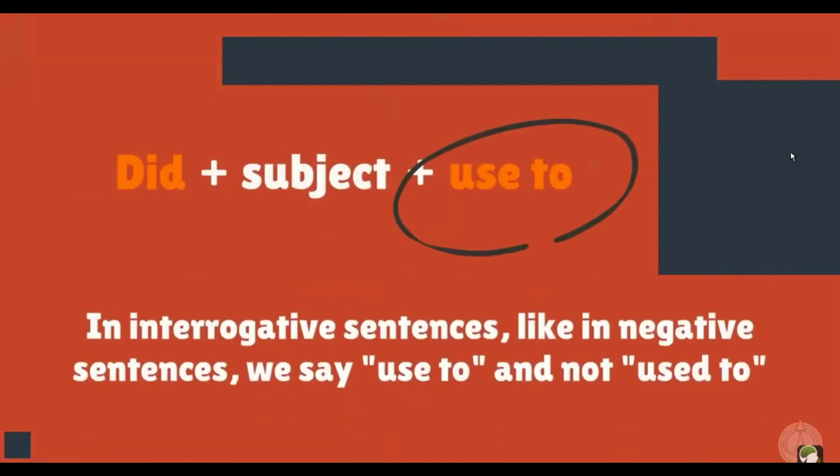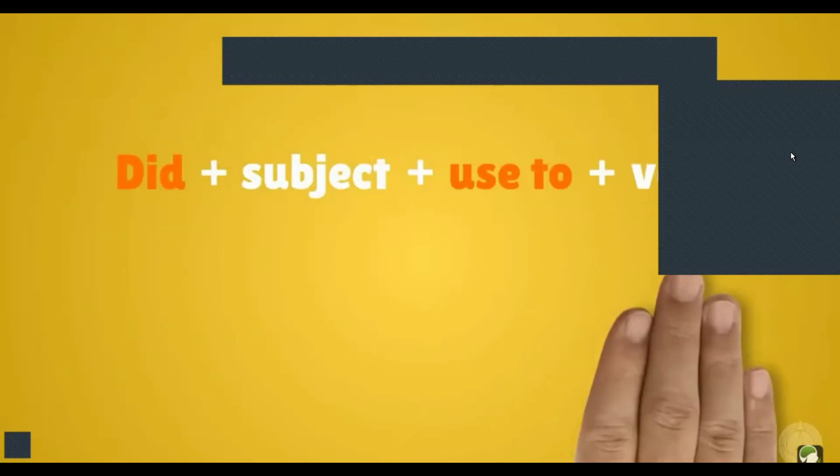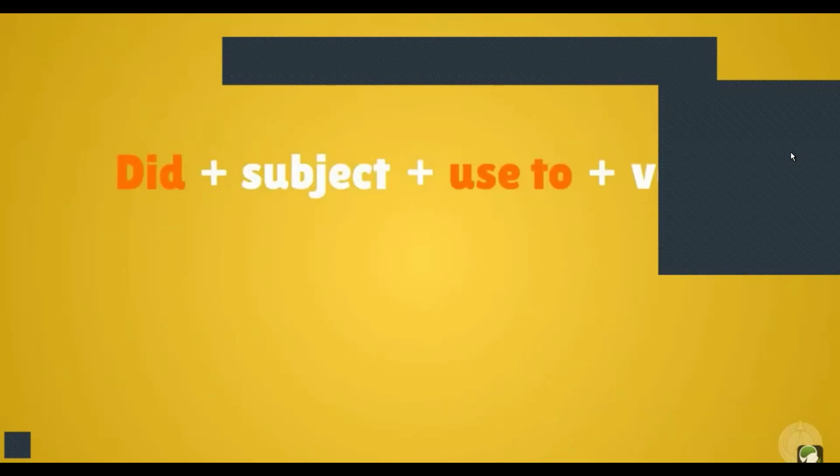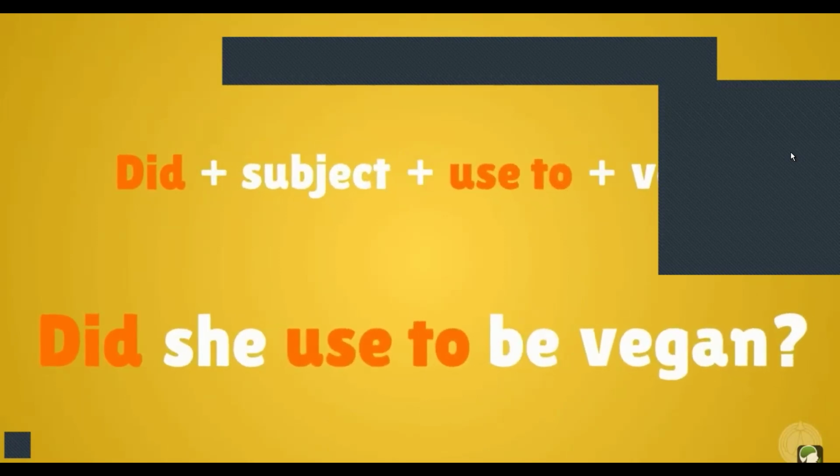In interrogative sentences, like in negative sentences, we say used to and not used to. Plus verb. Did she used to be vegan?